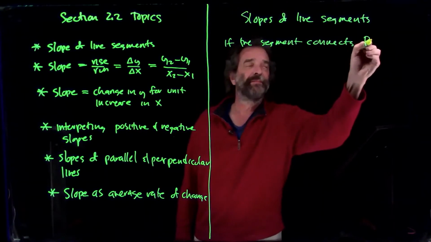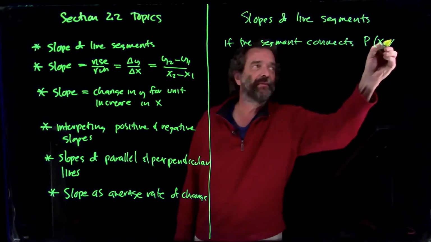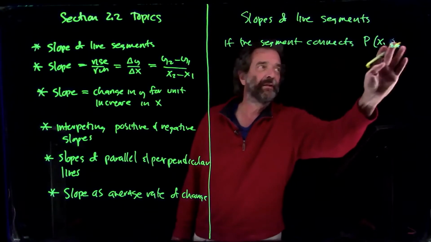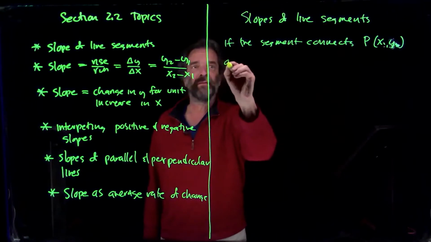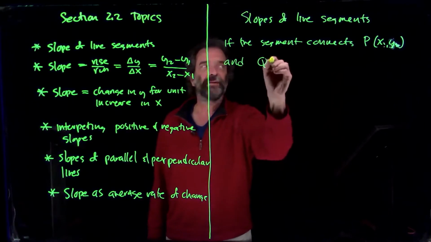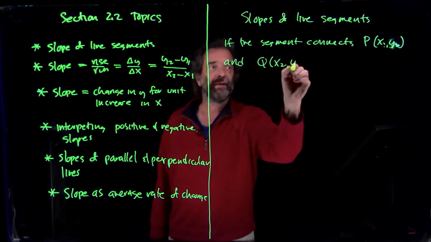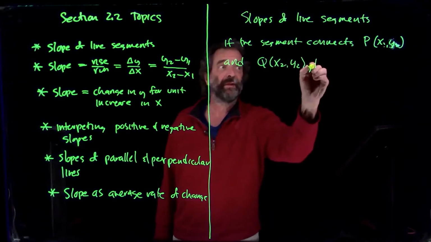So we have a point P with coordinates x1 and y1, and Q with coordinates x2 and y2, like that.